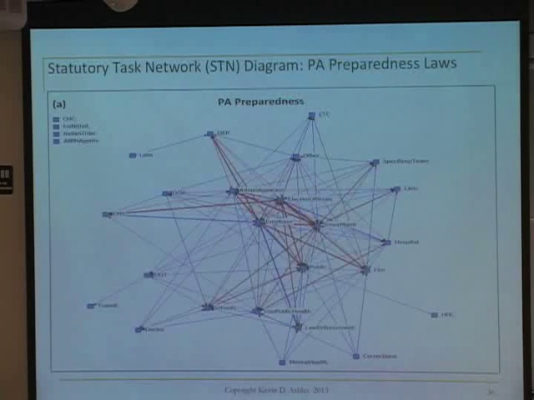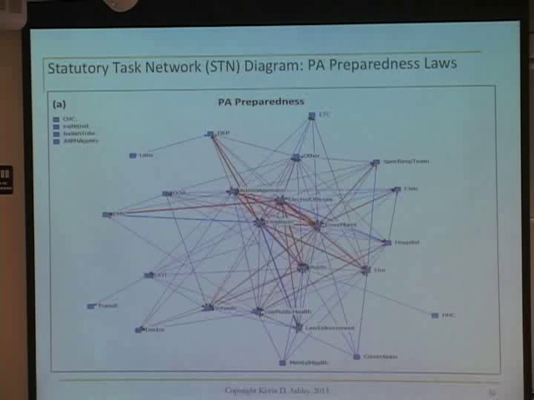Then they created network diagrams to represent the results of the coding. So here we see the Pennsylvania preparedness laws. The network diagram represents actors, state agencies, and other participants in a state's public health system.